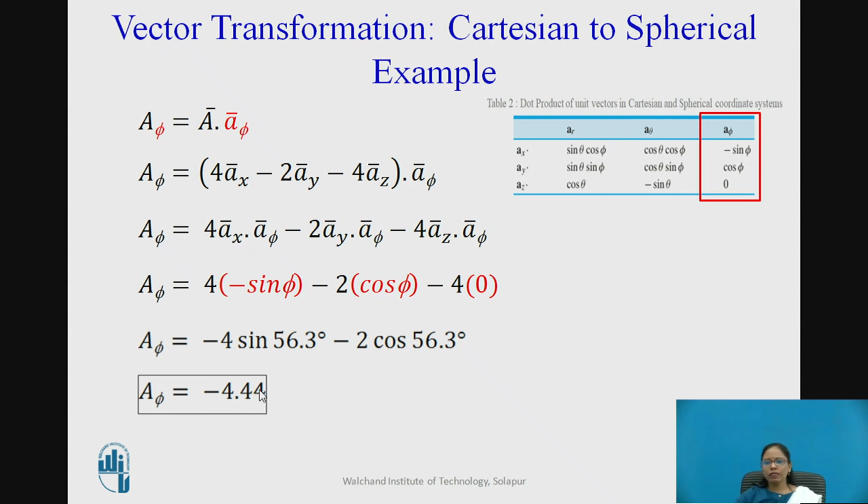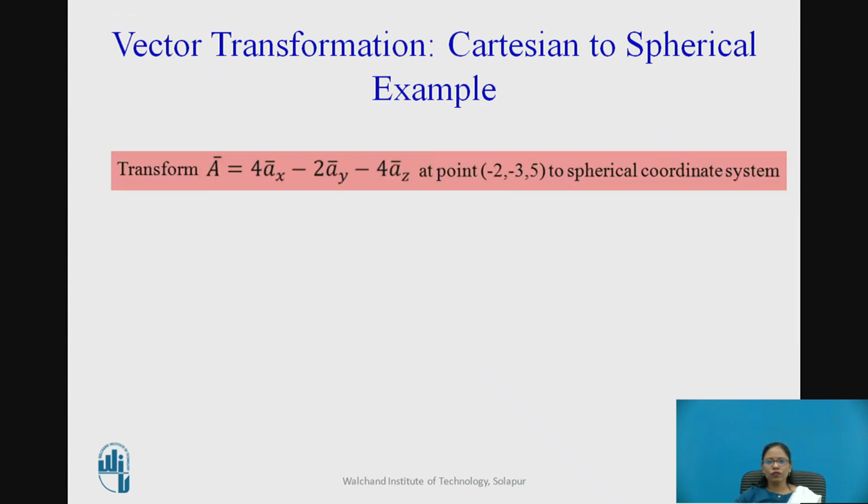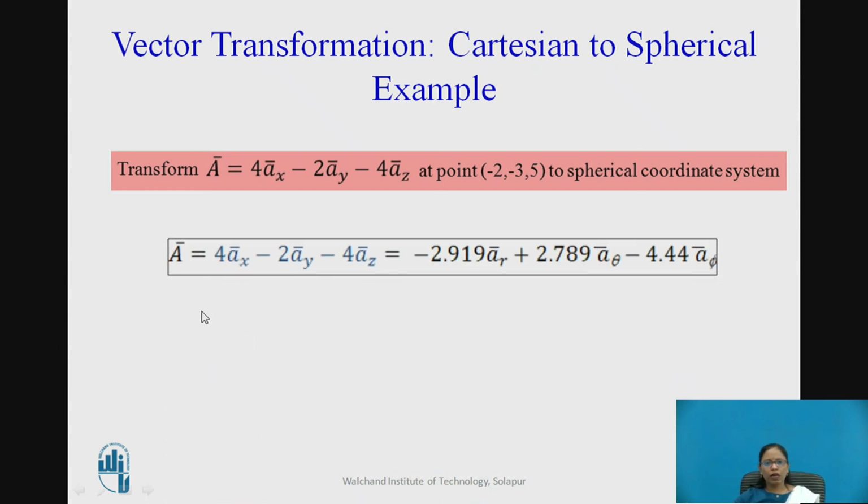So once I get these values, how I can write the vector in spherical? Let us see. So the vector A bar, which is in Cartesian 4ax bar minus 2ay bar minus 4az bar, can be written as equal to minus 2.919 AR bar plus 2.789 A theta minus 4.44 A phi. What is this minus 2.919?